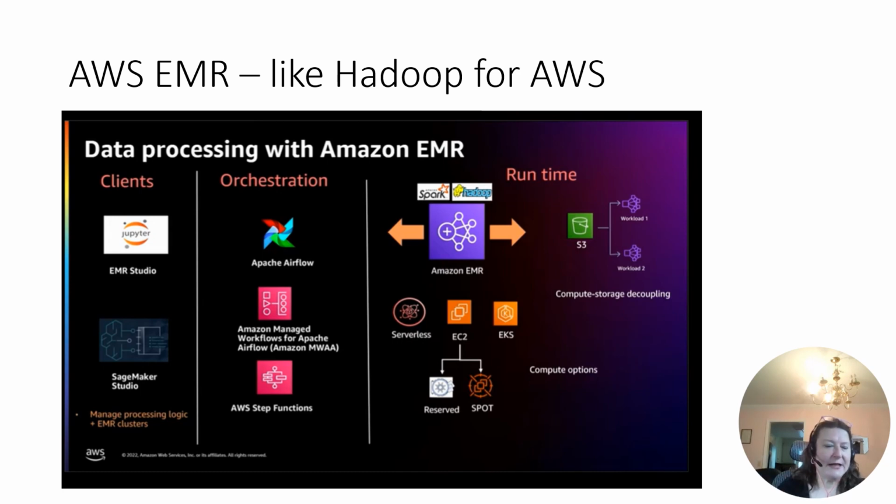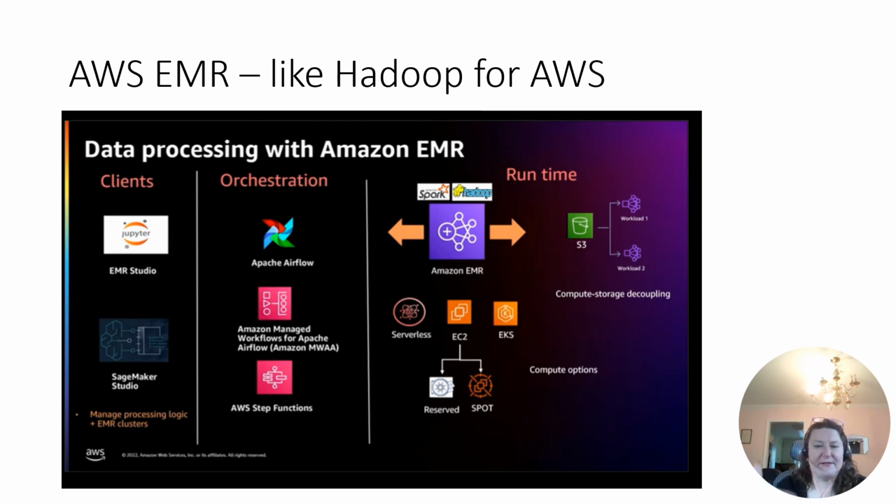Or you might have AWS Step Functions creating the workflow or the data pipeline. Then the data ends up in EMR itself, and as I said, that's pretty much HDFS. On top of that, you've got Spark and Hadoop tools, so you can use any of the Spark tools: Scala, Python, R, Java, and so on. And then on top of that, Hive and Pig and notebooks and things like that.